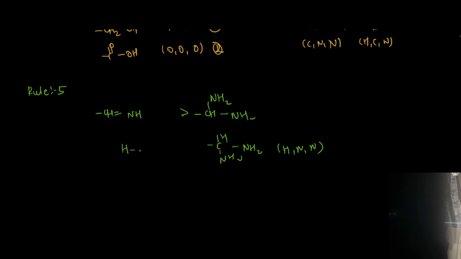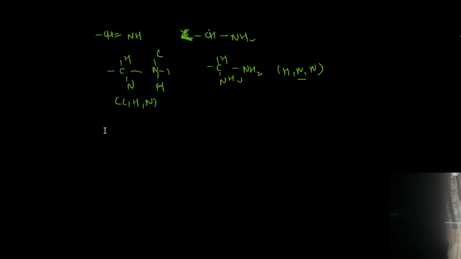Here we have hydrogen, carbon, nitrogen, carbon, hydrogen, and nitrogen, carbon, and hydrogen. So we have carbon, hydrogen, and nitrogen. Here we have nitrogen. So with this group we have this priority, because we have nitrogen in the higher priority group, right?